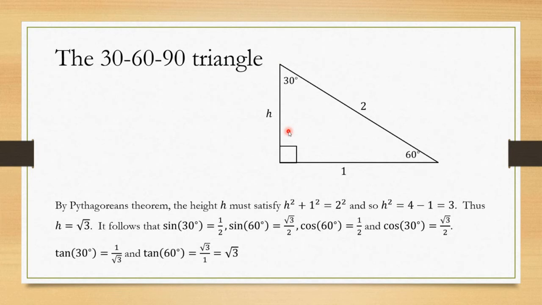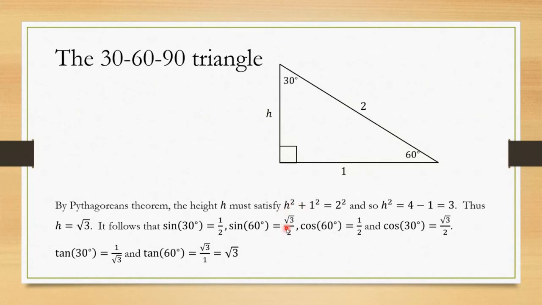Okay. And again, it's just like before. Once you know this side happens to be the square root of 3, you can determine sine of 30 degrees, sine of 60 degrees, cosine, and all that other stuff. That's what I'm doing here. For instance, sine of 60 degrees is opposite, which is h, divided by 2, the hypotenuse. But h is radical 3. That's how we get that.